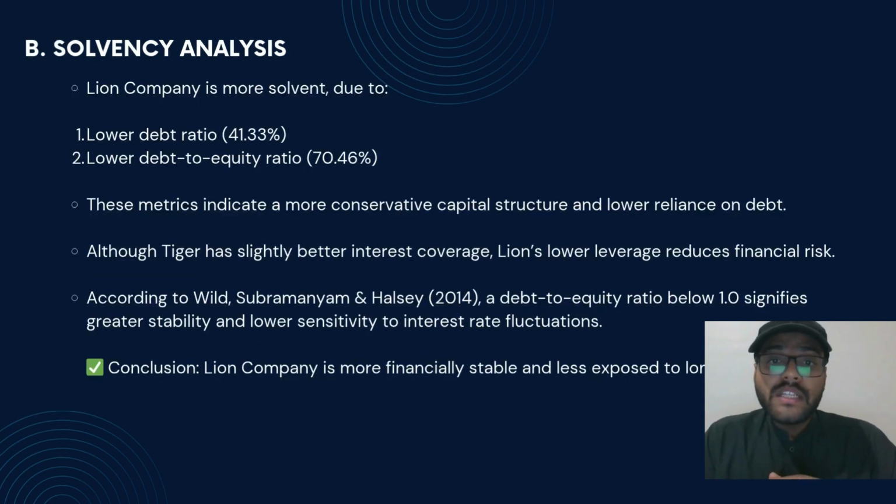According to Subramaniam and Halsey, a debt to equity ratio below 1.0 signifies greater stability and lower sensitivity to interest rate fluctuations. So overall, Lions Company is more solvent because despite Tiger's marginally better interest coverage, Lions' lower debt ratios reduce long-term financial risks and enhance stability.